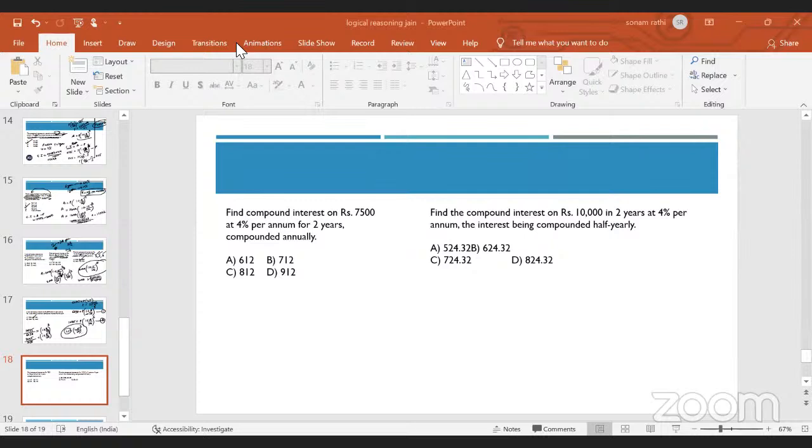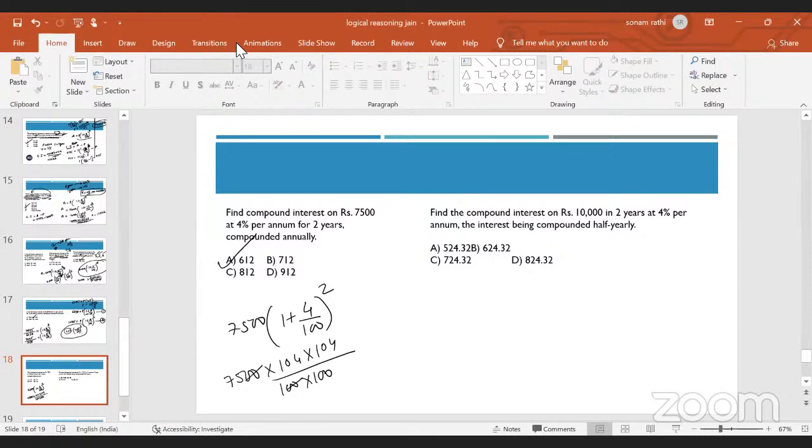Question number 1 answer is, just do the calculation. Option number A. Ma'am, Option number A.